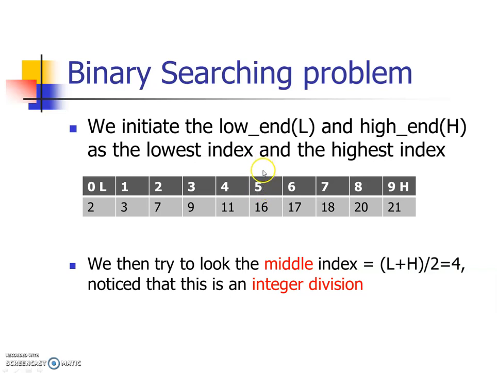So it will change my low index to 5, high index equal to 9, indicating that this is the range of the elements that we want to search. In other words, it is basically the right side of the middle index.